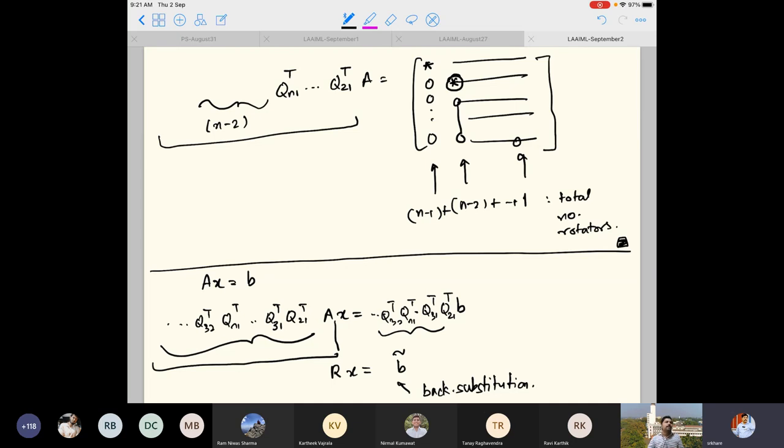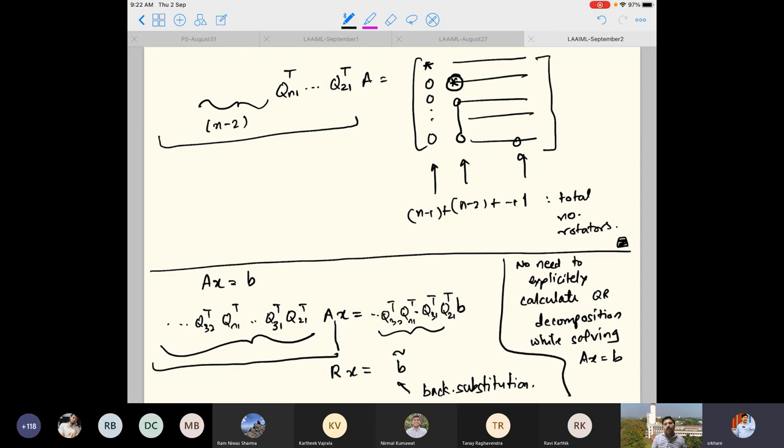You do not need to explicitly calculate QR decomposition while solving Ax is equal to B. You can just do these rotator operations repeatedly, and you get the result that you want.